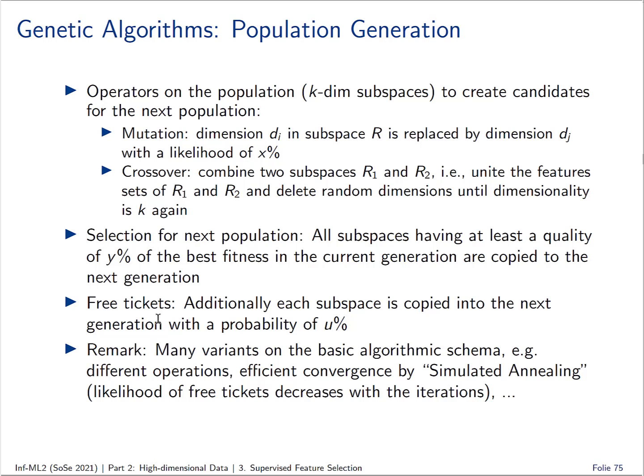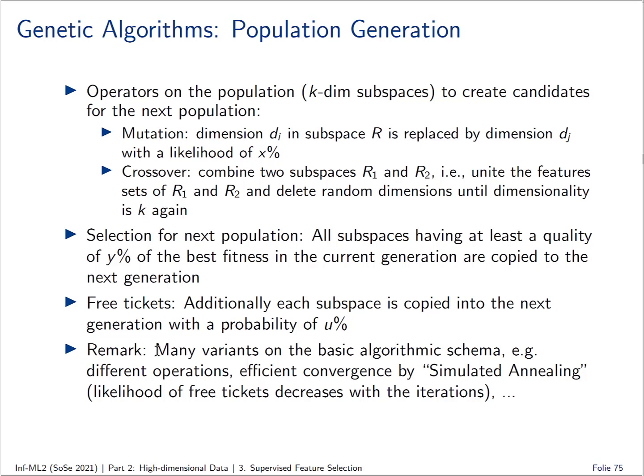And in some variations we can have so-called free tickets, where additionally each subspace is copied into the next generation with a probability of U%, regardless of being among the top Y%. All those X, Y, and U are additional input parameters, additional to k, the target dimensionality, of course.